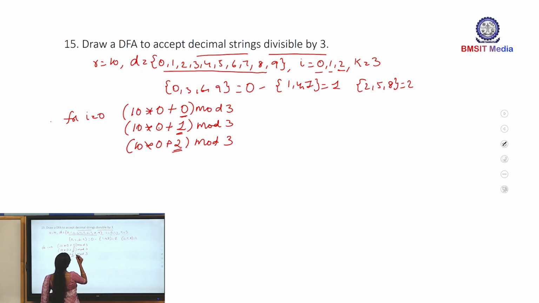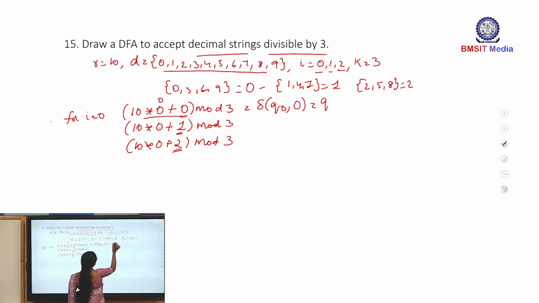So we'll see what the transitions are. We start with delta Q0, because I'm starting from i equal to 0. On seeing a 0, compute the next state. This is 0 mod 3, which gives me 0, so I stay in the state Q0. In the next case, this is 1, so 0 plus 1 mod 3 is 1 mod 3.